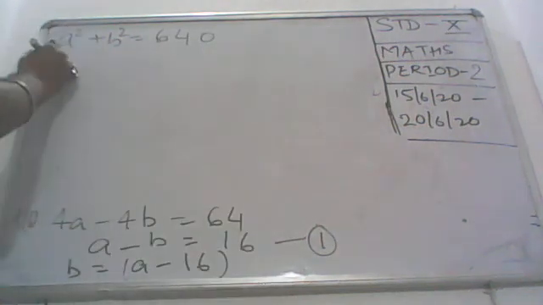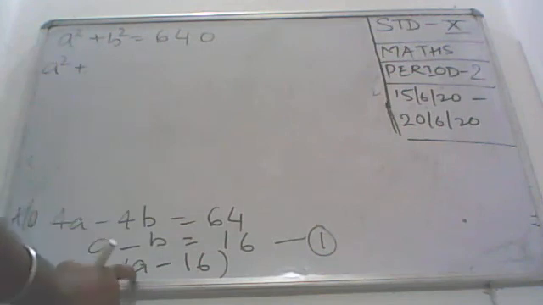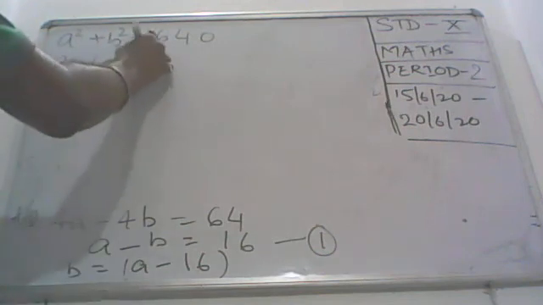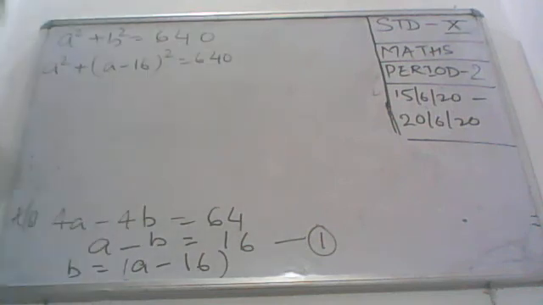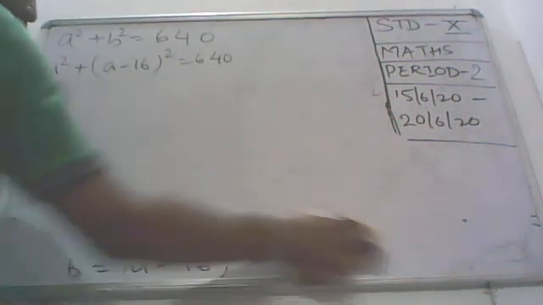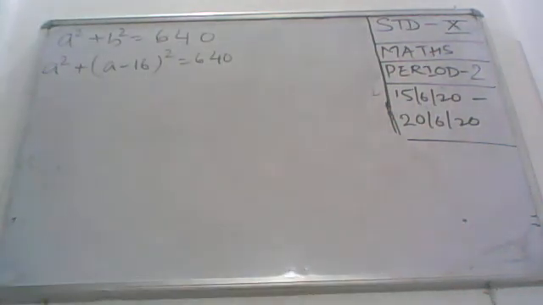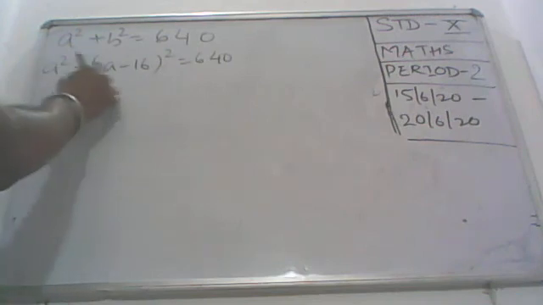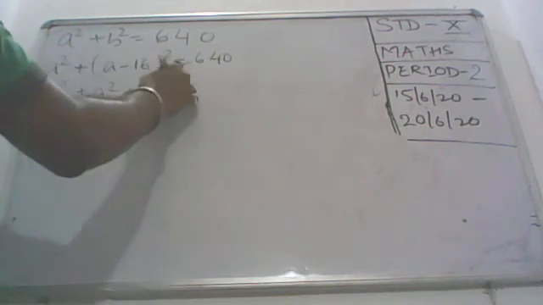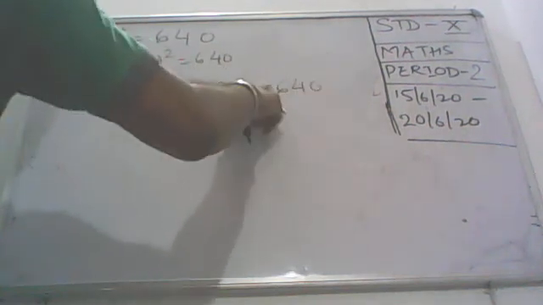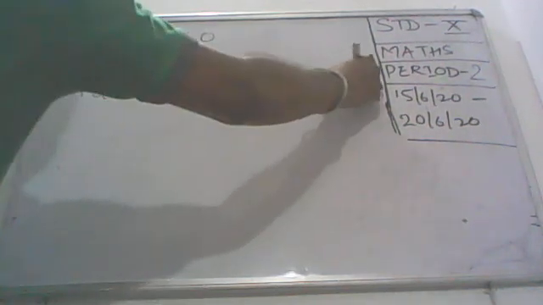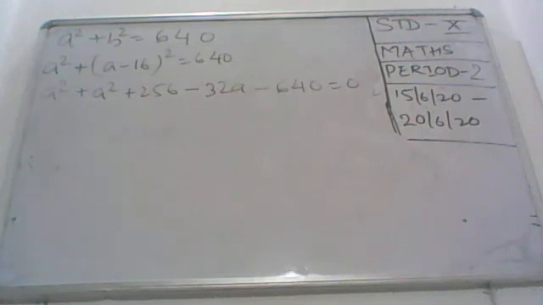So I can write here a square plus, in place of b, a minus 16 whole square is equal to 640. So this will become a square plus 256 minus 32a is equal to 640, or you may say minus 640 is equal to 0.